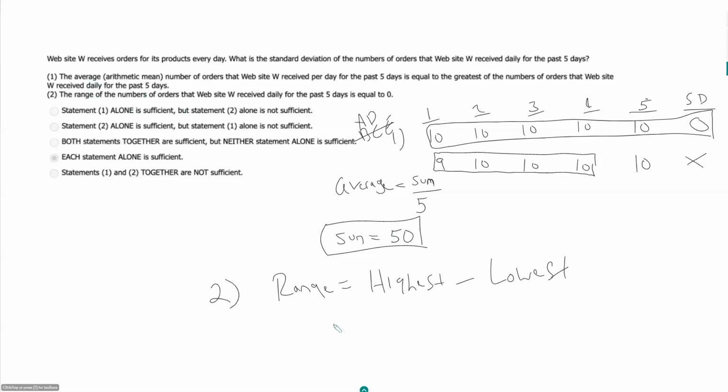If your highest value is equal to your lowest, we can reuse this example: my 10 was my highest number and 10 was my lowest number of orders for any given day. Well, all your numbers in between have to be the same thing. You can't have anything higher or lower than 10. So they're saying all of your numbers for every day are equivalent. It doesn't have to be 10. It could be all 20s.